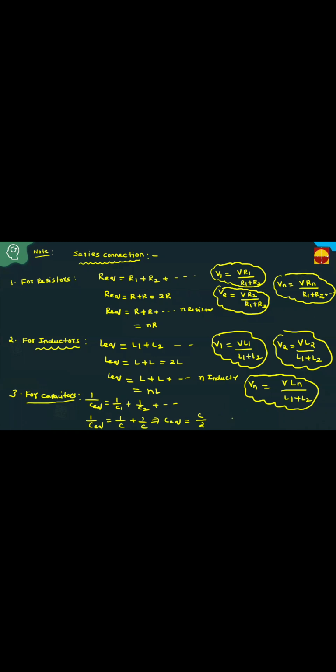Then if N equal capacitances are in series, C equivalent equals C by N. This is for capacitor related formulas.